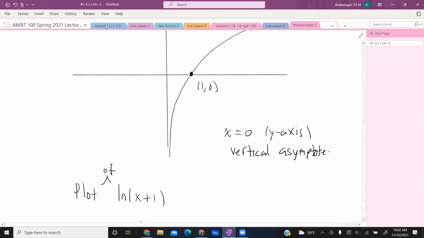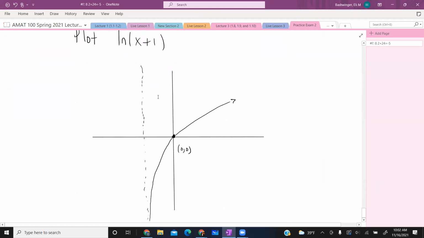So the vertical asymptotes move, the horizontal asymptotes move, and even the graph itself moves, and in particular its root. So if the whole graph moves over 1 unit, the root moves over 1 unit, so it'll move to the origin. So that's why this graph will look like this.